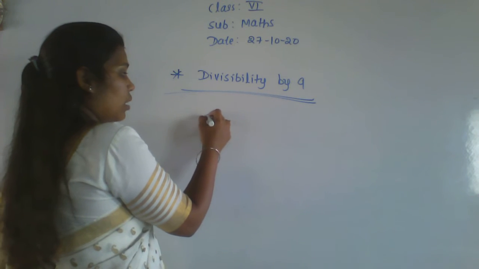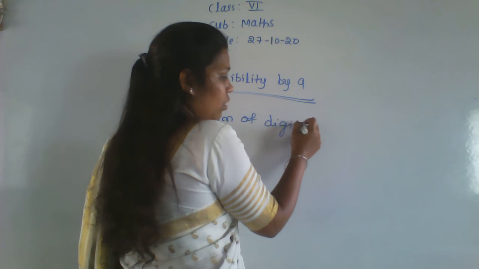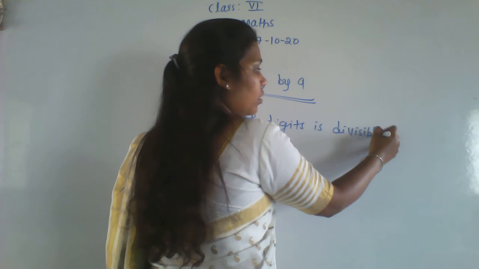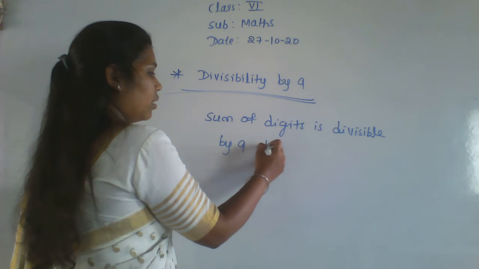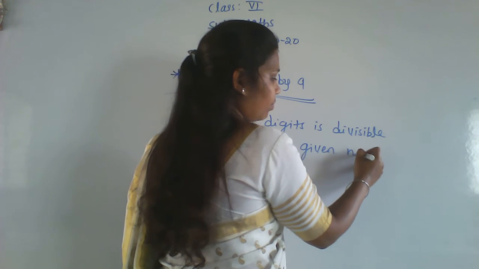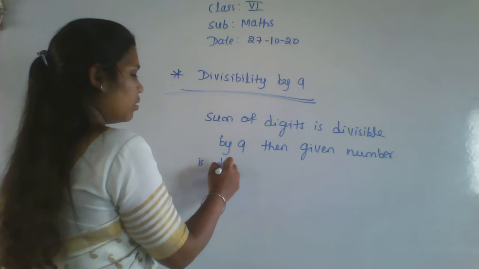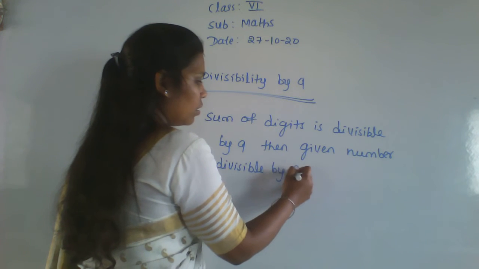Okay. So if the sum of the digits is divisible by 9, then the given number is divisible by 9.